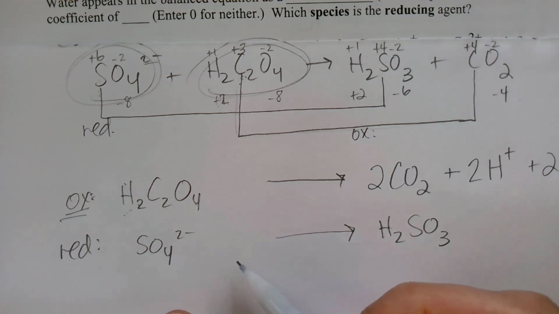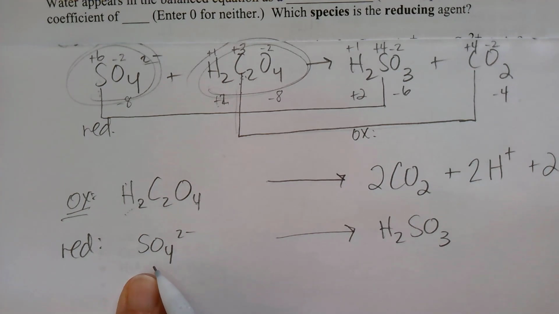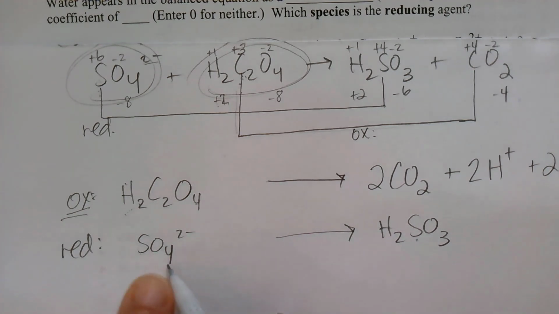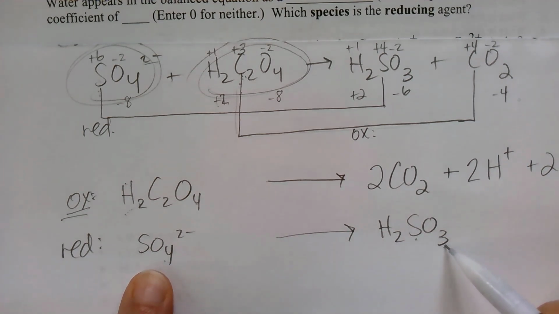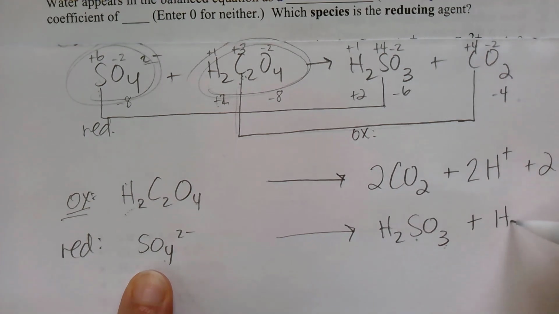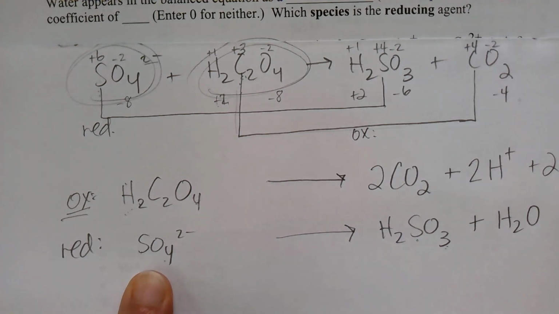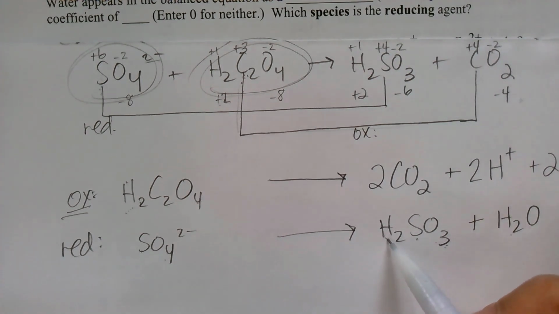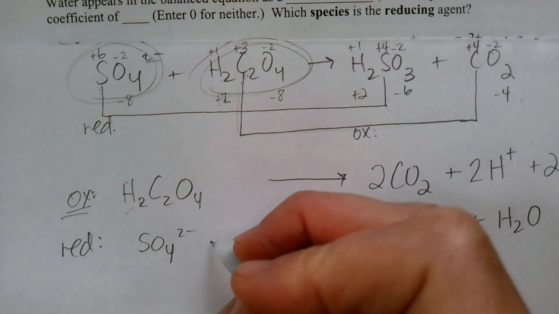Let's look at the reduction. I have SO4, so I have 1 S, 1 S. Okay, I have 4 O's on the left, 3 O's on the right, so I need one more O on the right. Remember, when I add oxygens, I have to add water. Now I have 4 O's. On the right, I have 1, 2, 3, 4 H's, so I need 4 H's on the left.